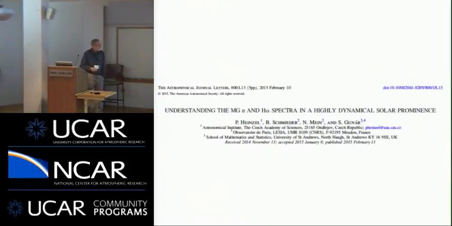Okay, then another paper which deals with observations and interpretation of observations is this one, where we considered one very interesting aspect. We observed magnesium II lines, but also we got simultaneous observations of H-alpha lines, and it appeared that H-alpha is a very strong constraint for the modeling of magnesium lines.